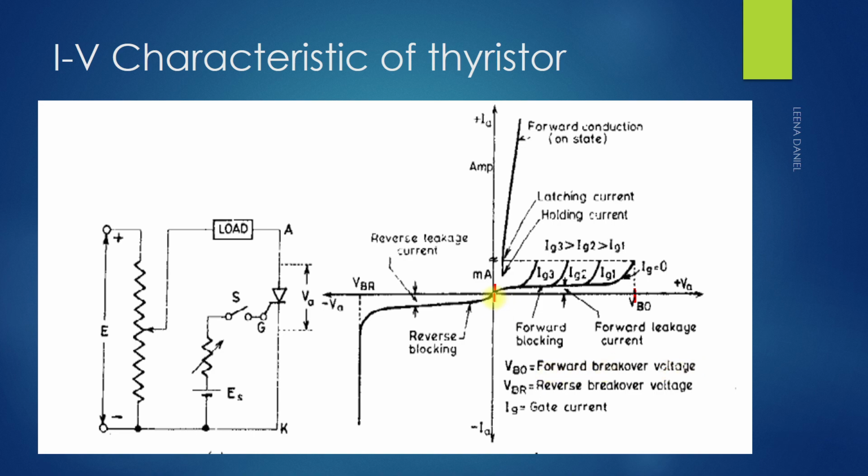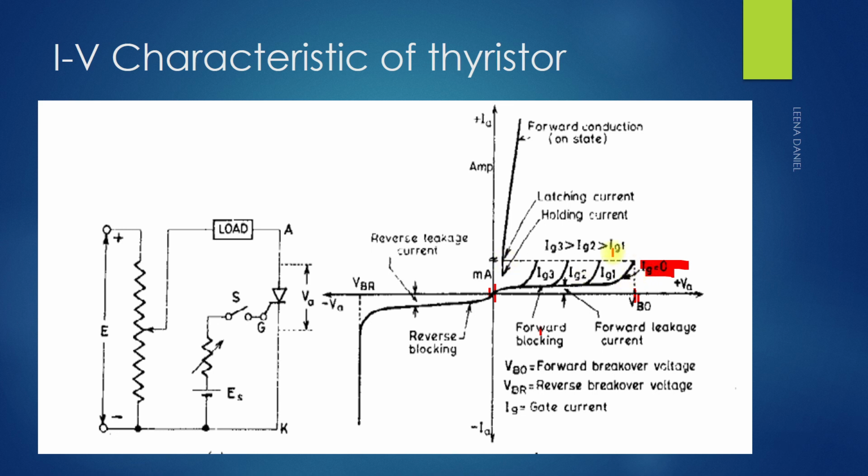The thyristor is connected in forward bias, but up to this point it is called the forward blocking mode, and at this point Ig is 0. So if we want to turn on the thyristor without gate current, we need to apply a voltage up to this breakover voltage, so the thyristor turns on at this point.